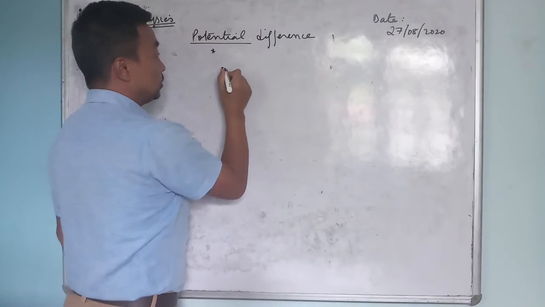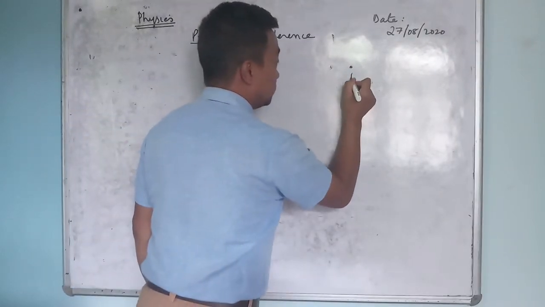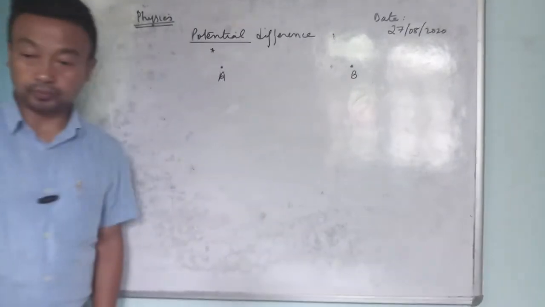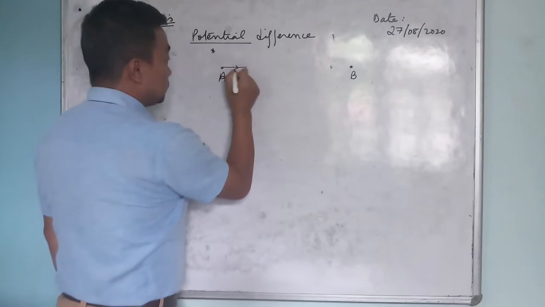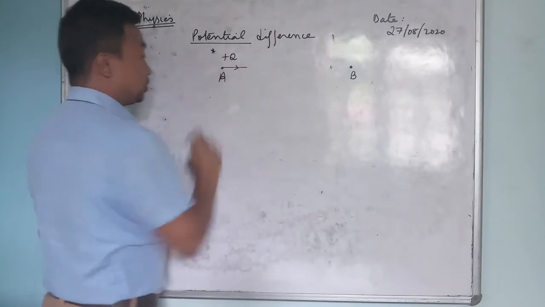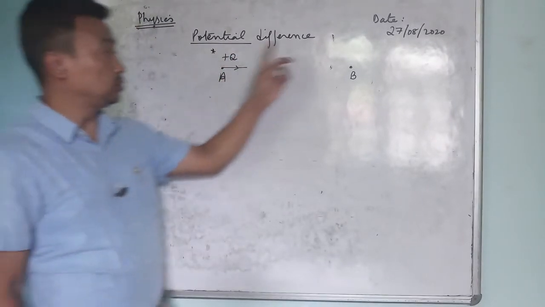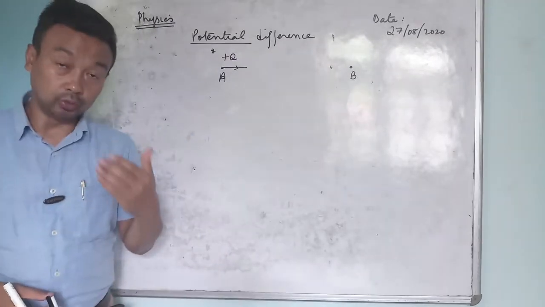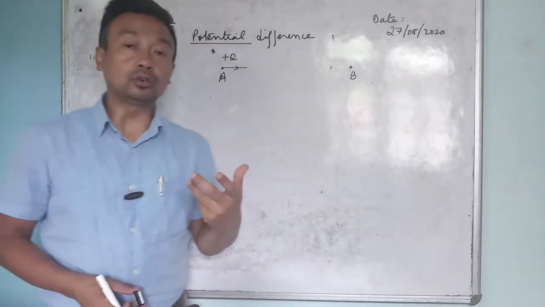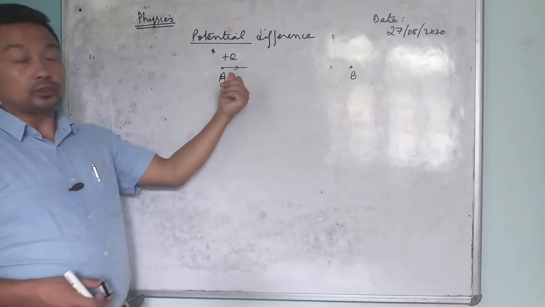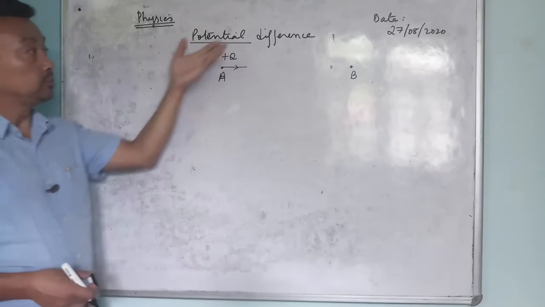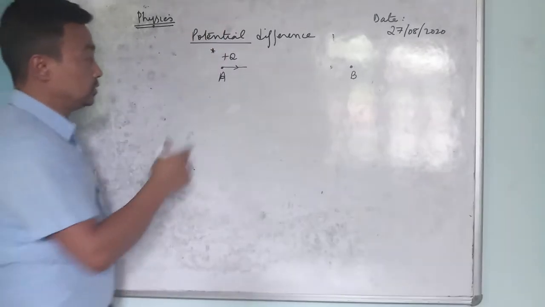Suppose you take point A and point B, and you are bringing a positive test charge from point A to point B. You do the work. That work is the potential difference. But if you bring this charge from infinity, then it becomes the potential. That is all you need to understand.